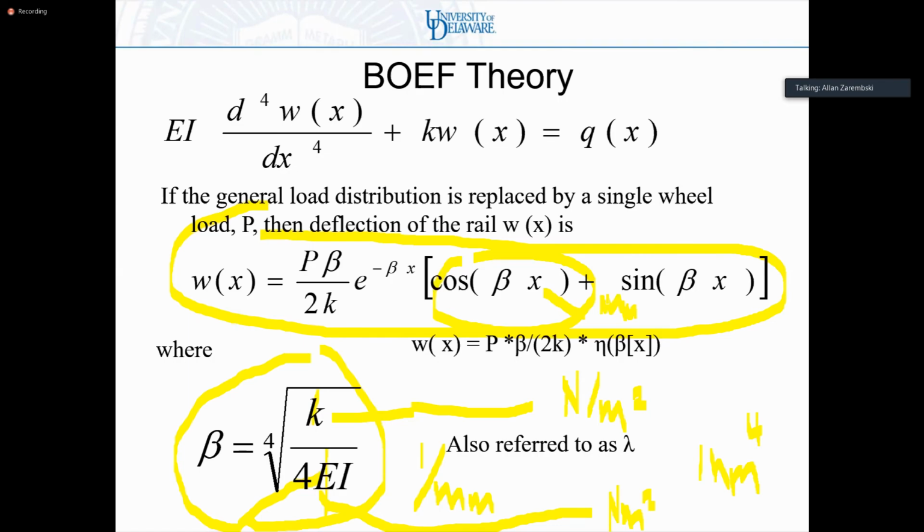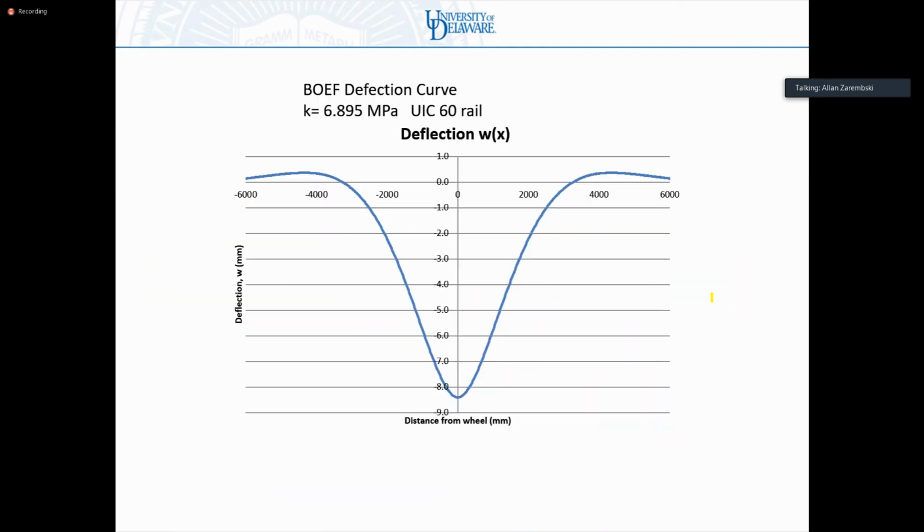Okay. So if I solve this equation, W of x equals P beta over 2K, e to the minus beta x, cosine beta x plus sine beta x. And remember I have a single wheel over here, and this is my x value. x equals 0 is directly under the wheel.